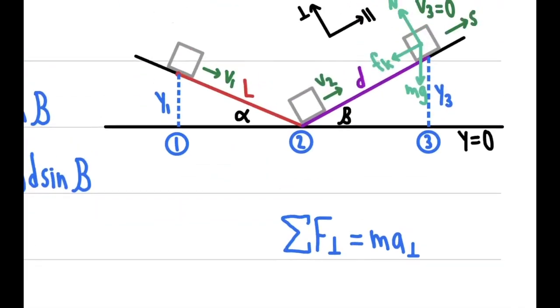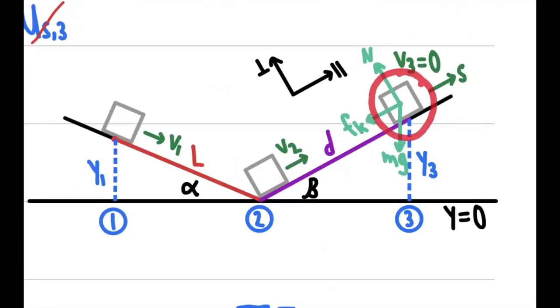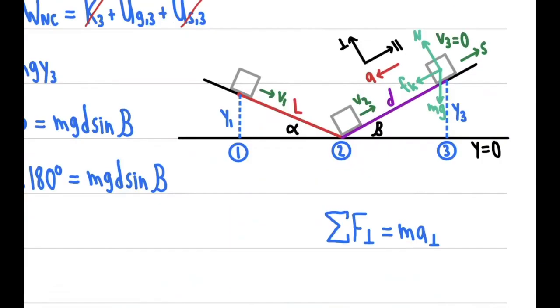So in which direction is the acceleration pointing? The sled is slowing down, so the acceleration is down the ramp in the negative parallel direction. So let me label that. So a is not in the perpendicular direction at all. So a perpendicular is 0.